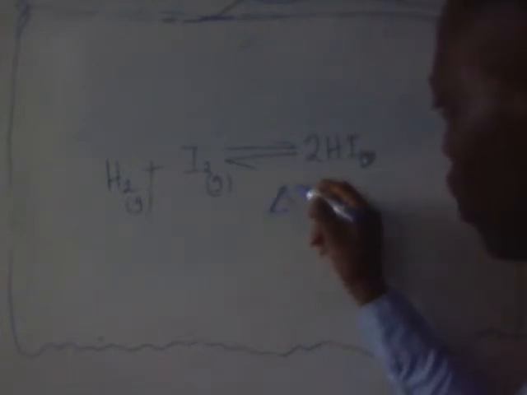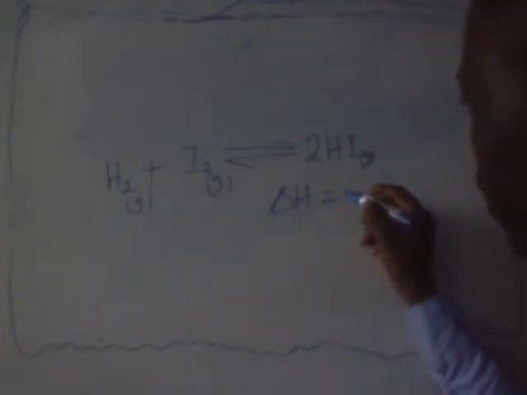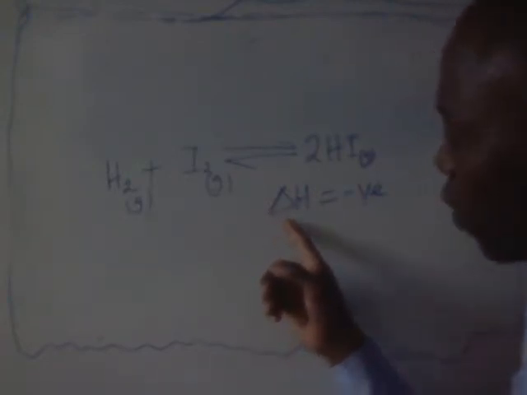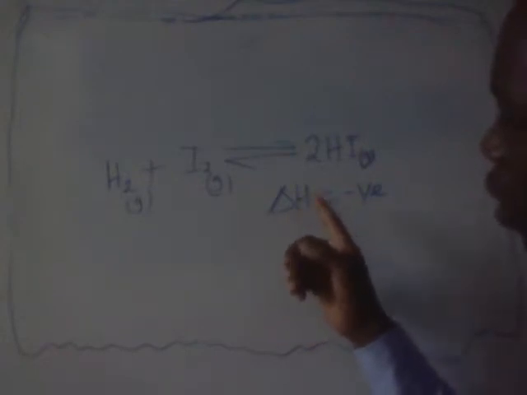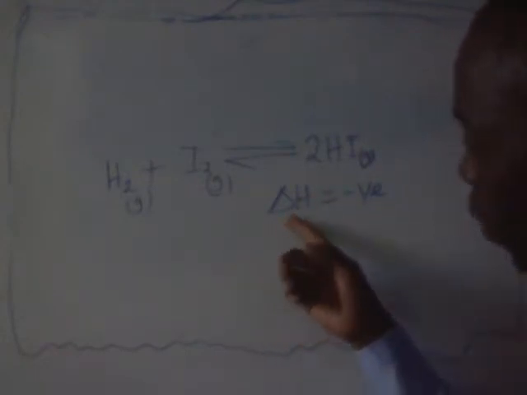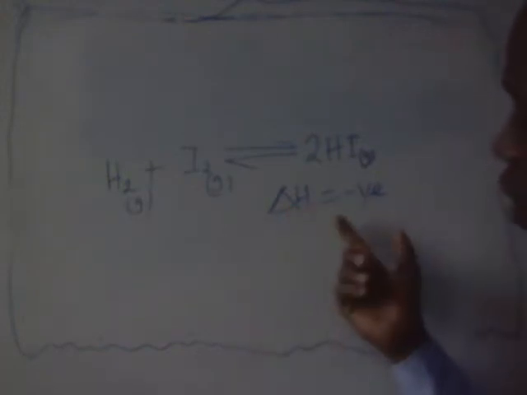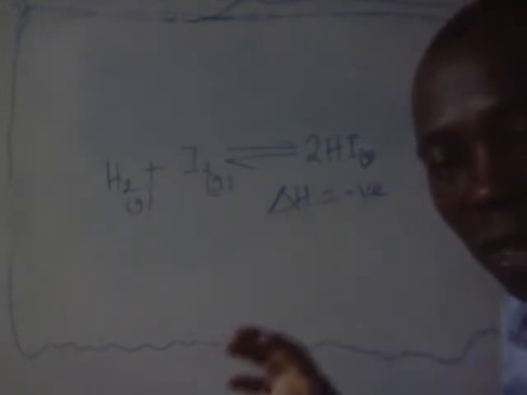Then we are given the delta H as negative. Delta H means change in enthalpy. When enthalpy change is negative, it means that the chemical reaction is exothermic.